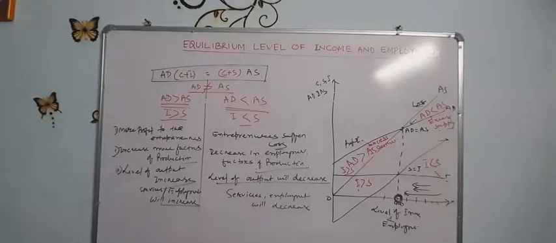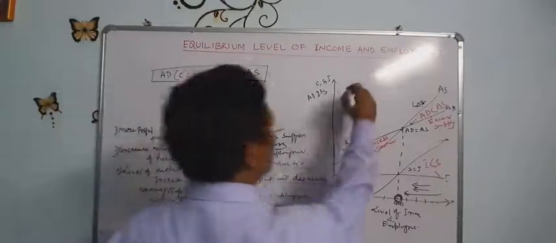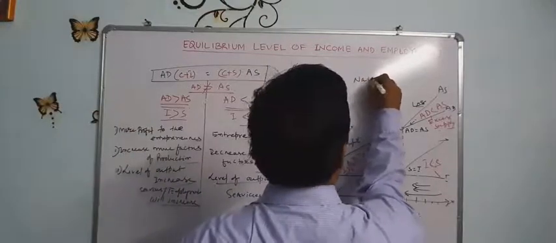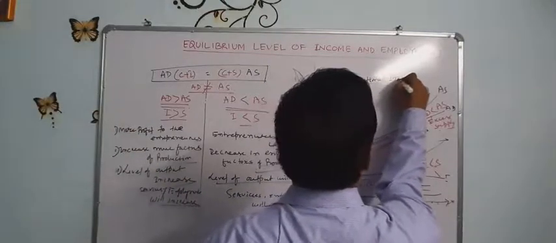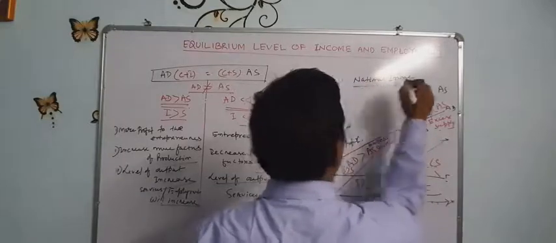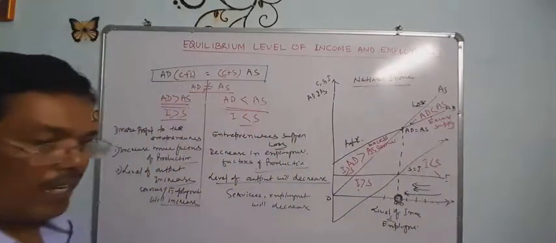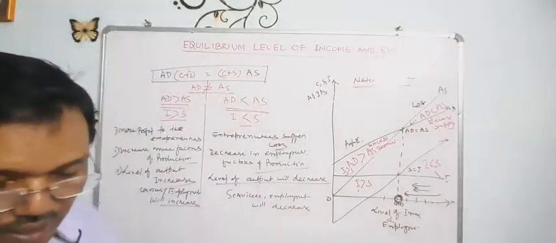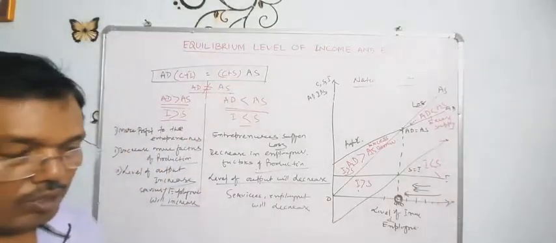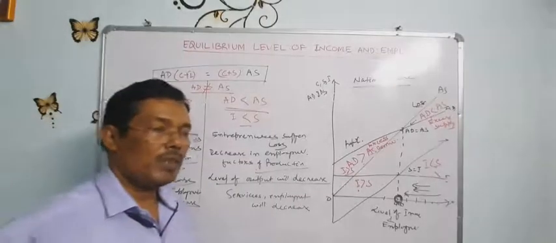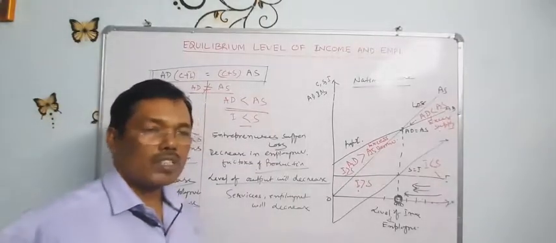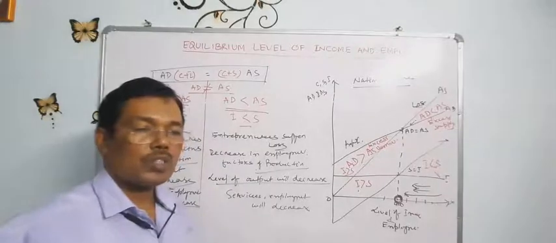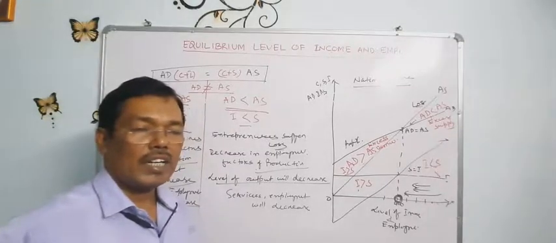As far as our national income is concerned, every country wants to increase its national income. National income is the total money value of all the goods and services produced during an accounting year in an economy.